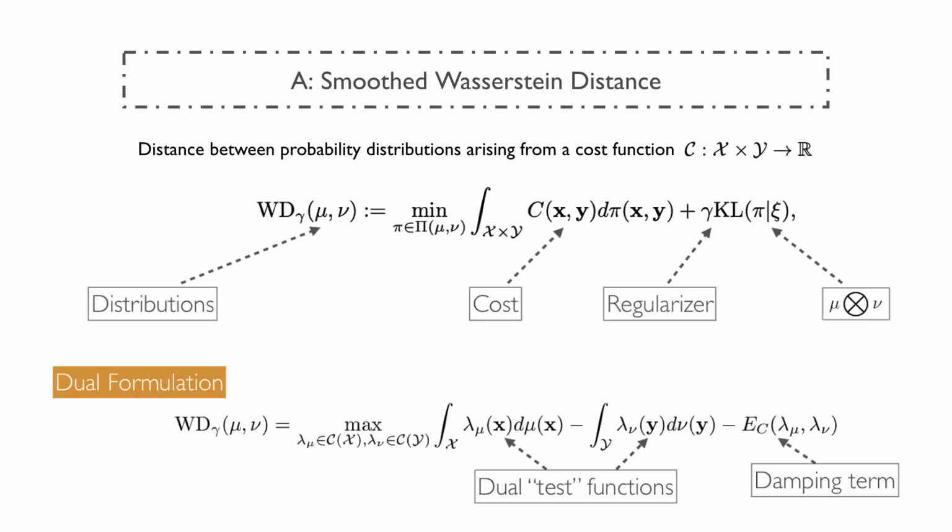Because we said that in the embedding space we'll assume the existence of a cost function or distance, it's natural to think of comparing these distributions over embeddings using a Wasserstein metric. And then for the purpose of making things tractable and usable for our algorithms, what we actually use is the smoothed version of the Wasserstein.